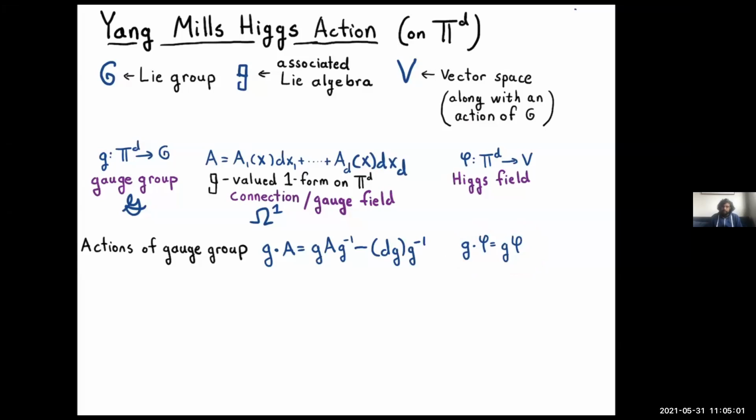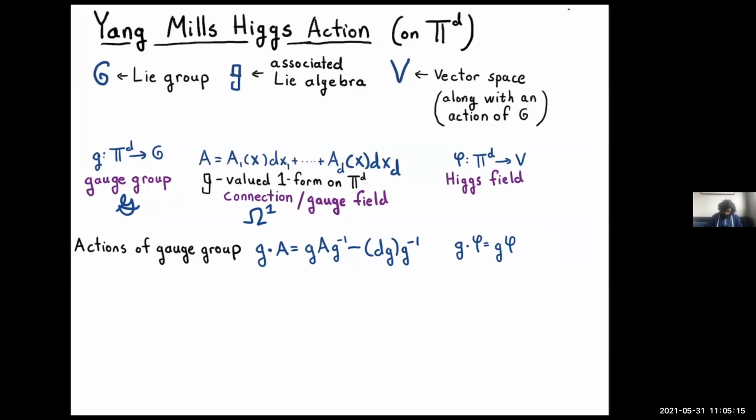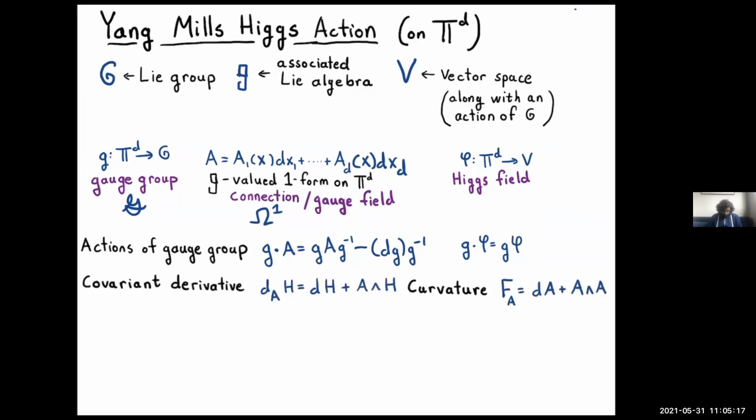To be really careful, I should explicitly write down a representation here, but this is just the action of the group on the Higgs field pointwise in space. This gauge field allows you to define a corresponding covariant derivative, which I've written here.